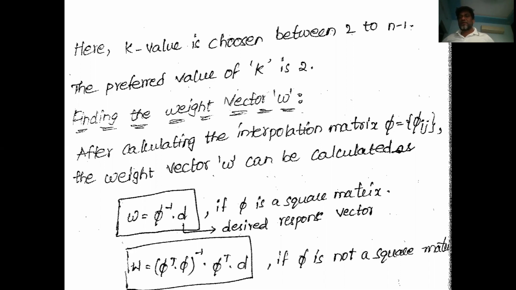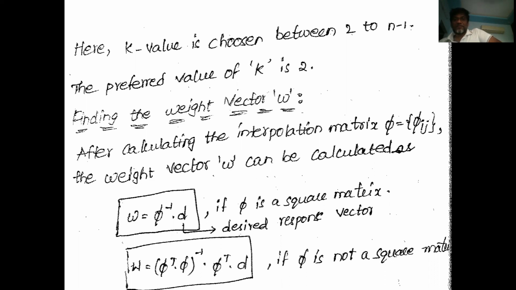And every hidden neuron uses a separate radial basis function for mapping the input space into hidden space. Usually the conversion is going to be from lower dimensional space to higher dimensional space in general. Okay.